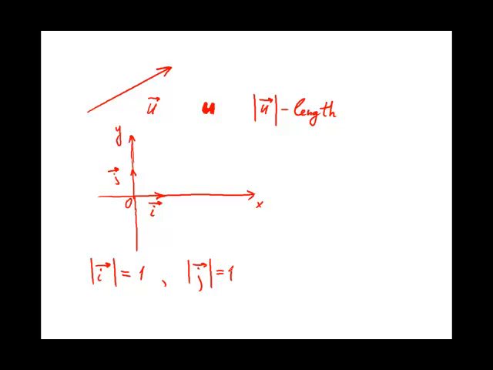Why 1? Because we just choose them to have some simple length. Why do we need these vectors? Because any other vector can be represented as a sum of i and j with appropriate coefficients in front of them. Or I can say any vector can be decomposed into a combination of i and j.